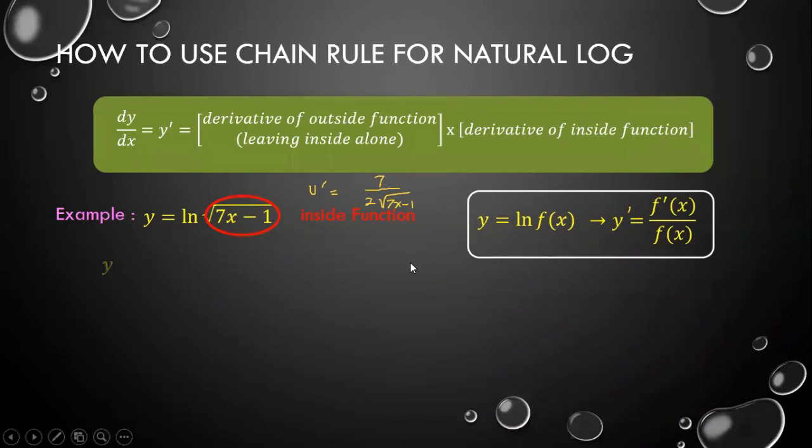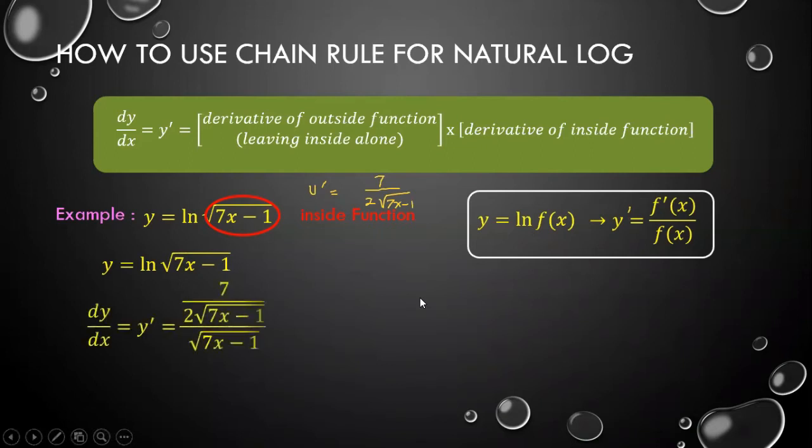So when we have y equals ln of the square root of 7x minus 1, we can find the derivative of this function: dy over dx equals 7 over 2 root of 7x minus 1, over root of 7x minus 1. Is it clear, everyone? Just follow this formula, right?